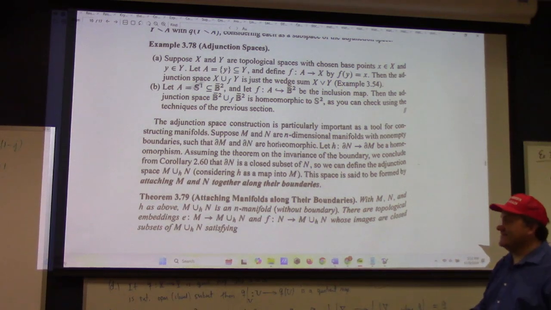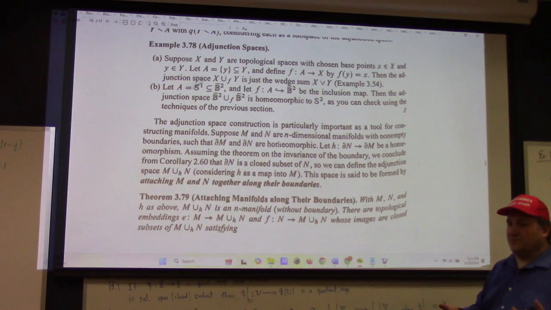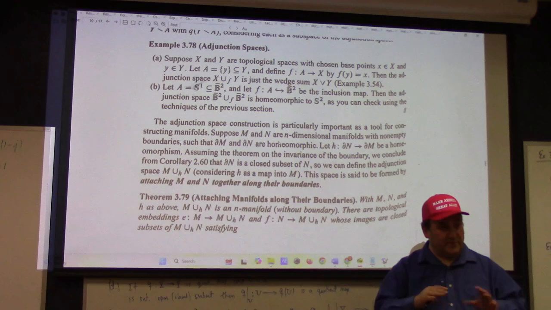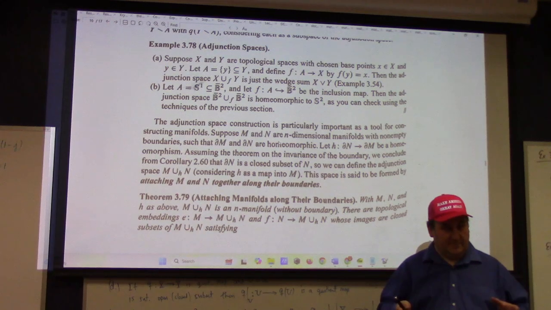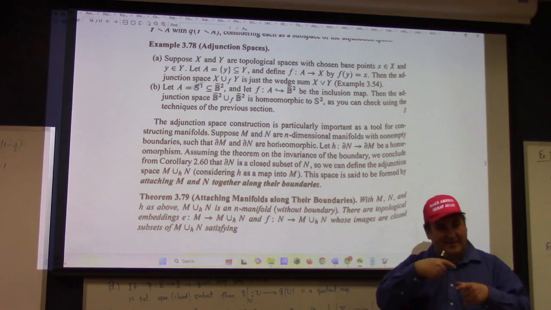So that's the trick. And if you take any manifold with boundary, is the boundary of that manifold homeomorphic to itself? It is. You just take the identity map.